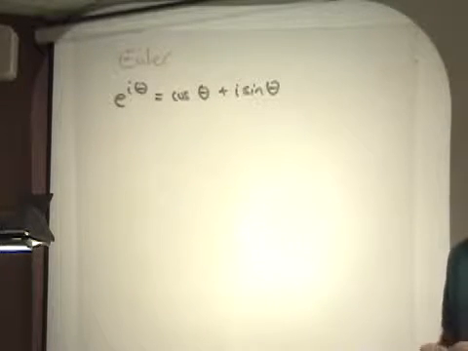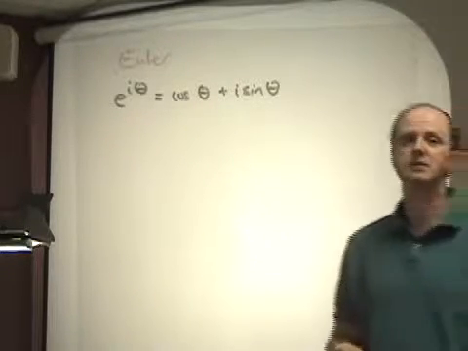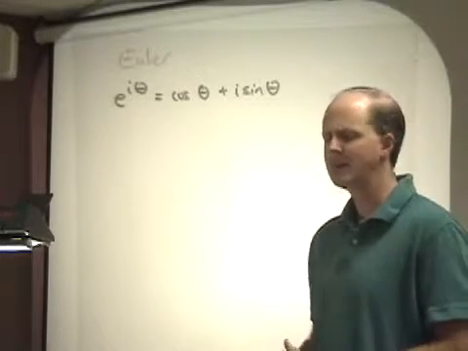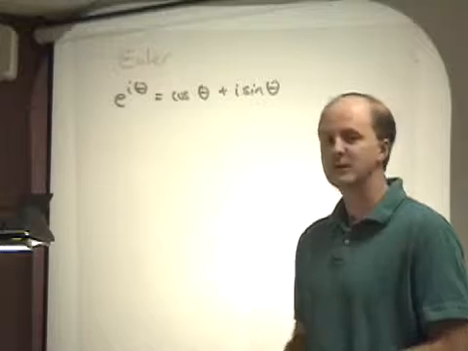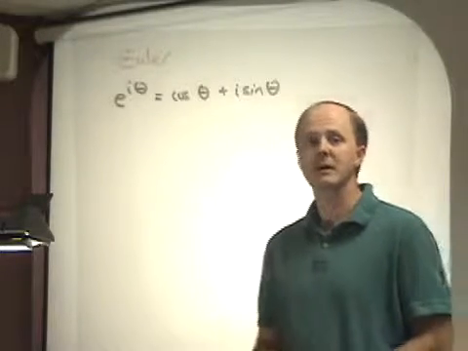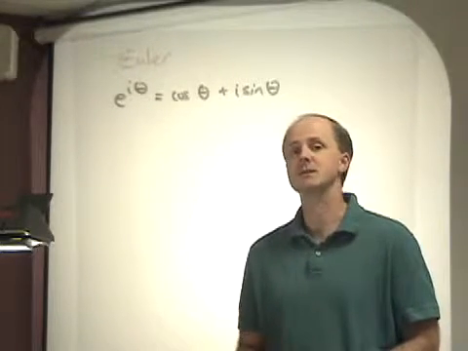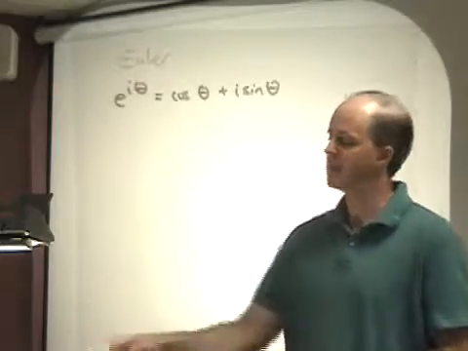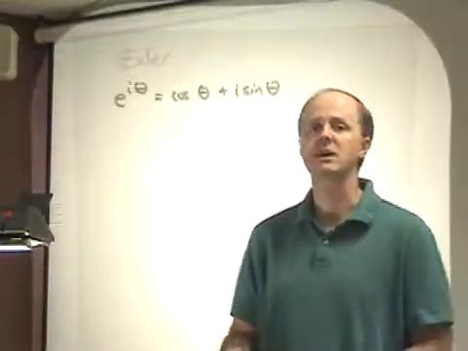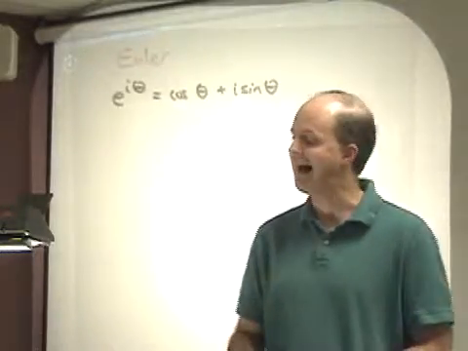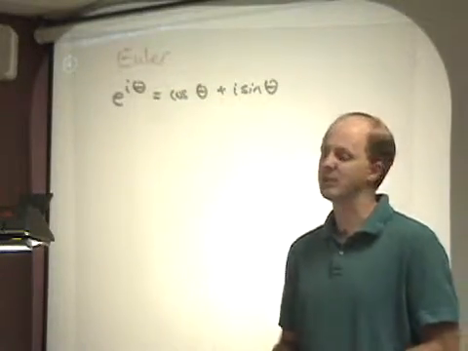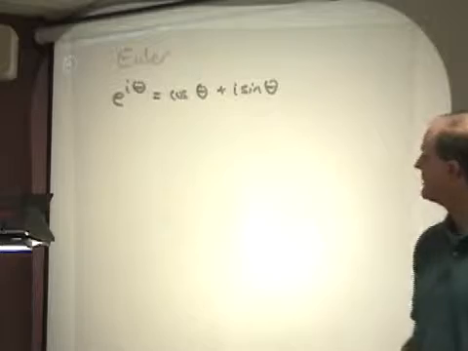How could an exponential function be related to trig functions? Not sure how much time we're going to have, but at some point I'm going to show you that you can derive this if you assume that the infinite series, Taylor series expansions for the exponential function and the trig functions do work, especially for the exponential function when you plug in i times theta in place of x. And you can verify that.